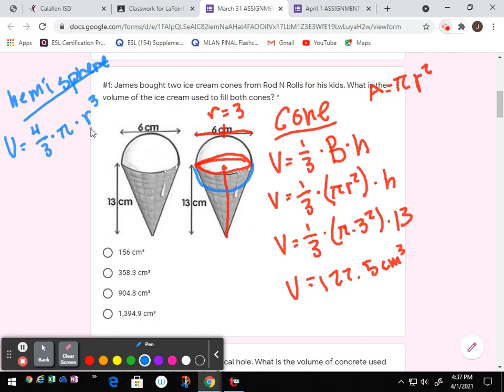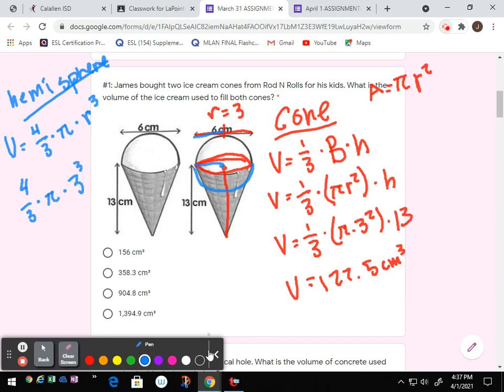In this volume formula, we don't have a big B, so we need to find our radius. Again, our radius is going to be the same as the cone. Our radius is half the sphere's width, which is 3. So we have 4/3 times pi times 3 cubed.